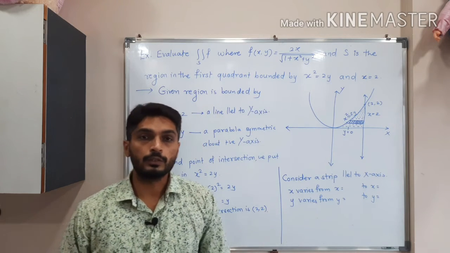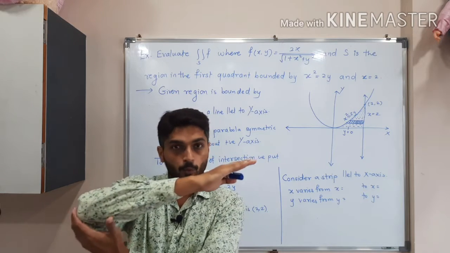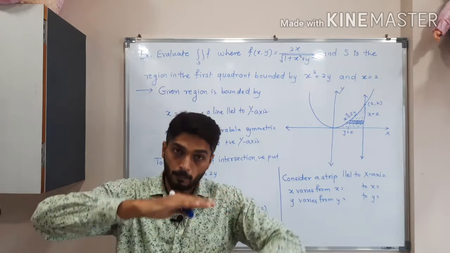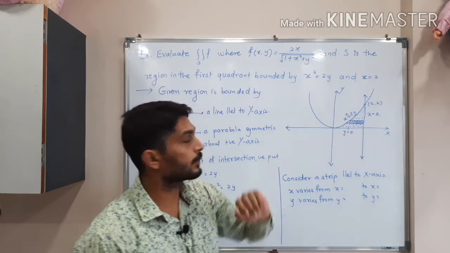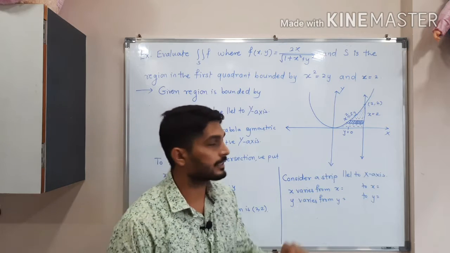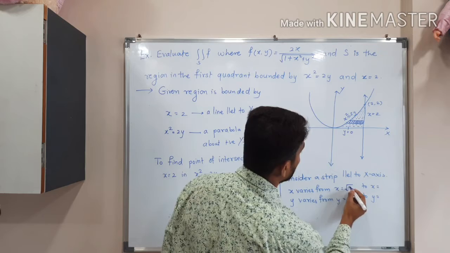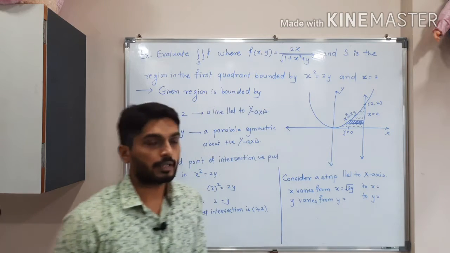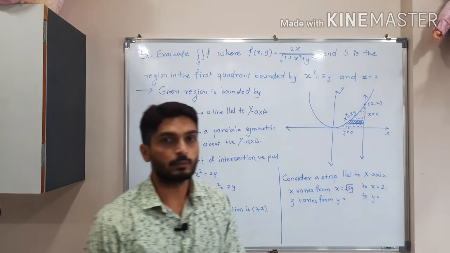Here we apply the funda, that is bounded below, bounded above, after that bottom to top. So the strip is bounded below by x square is equal to 2y, but already I have written x is equal to, so x is equal to root 2y. After that, bounded above by x is equal to 2, so here I will write x is equal to 2.